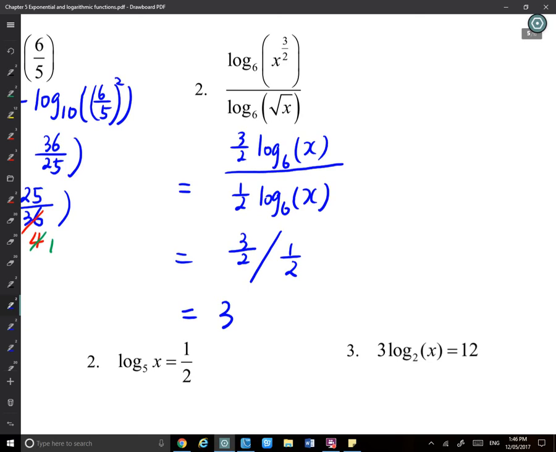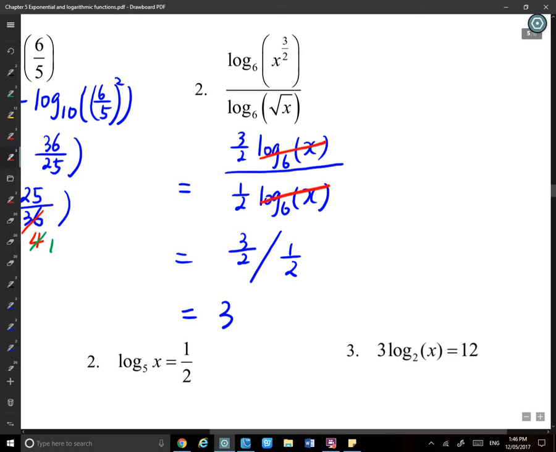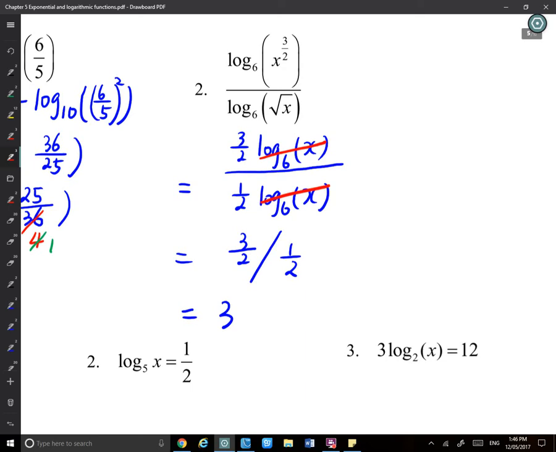Take the power out, drag the power out, and both top and bottom include log 6x. We just delete log 6x, and we have 3 on 2 over a half, and that is 3.